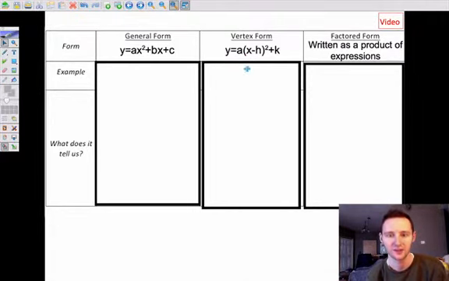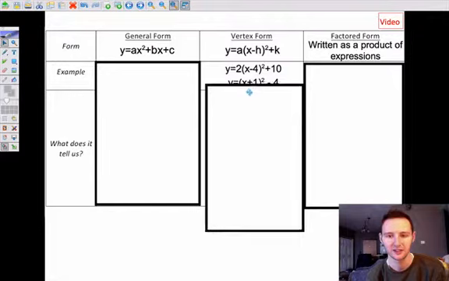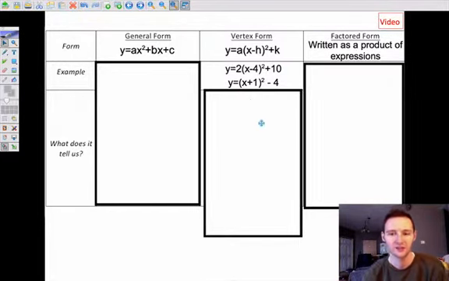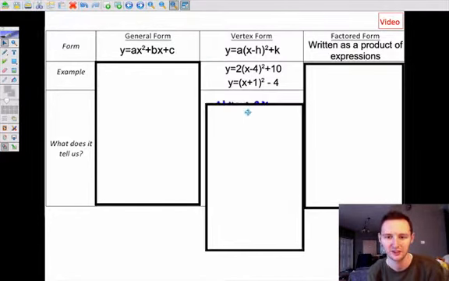And a couple examples of that: y equals 2 times x minus 4 plus 10, y equals x plus 1 squared minus 4. If you need to pause to get any of that down, feel free as always.